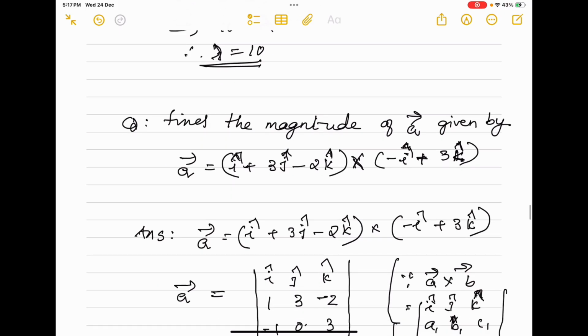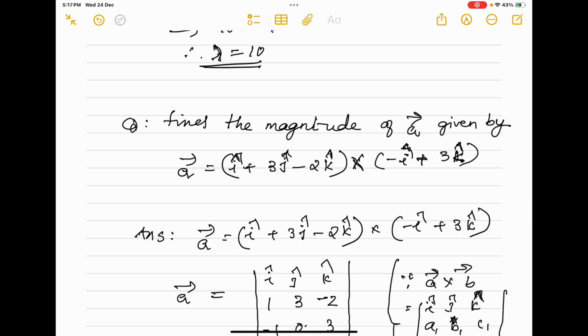We know that the vector product is a vector and the dot product of two vectors is a scalar. So here vector A equal to (i cap plus 3j cap minus 2k cap) cross (negative i cap plus 3k cap).